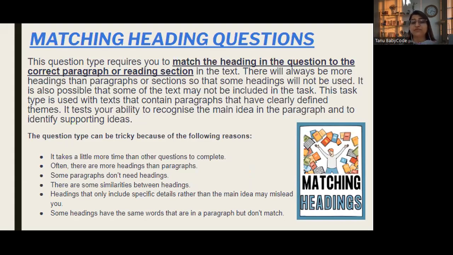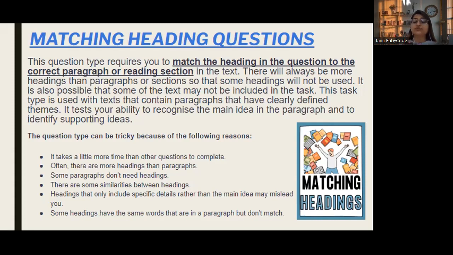This type of question requires you to match the headings in the question to the correct paragraphs of the reading section. You will have a list of headings and labeled paragraphs. Paragraphs can be labeled as para A, para B, or para C, or they can be labeled with Roman numbers.